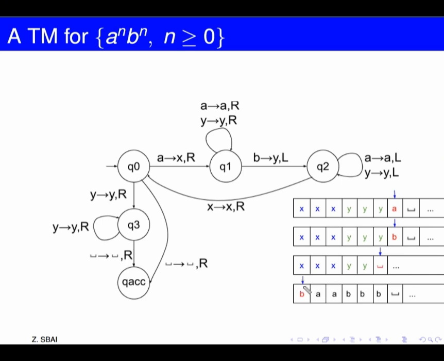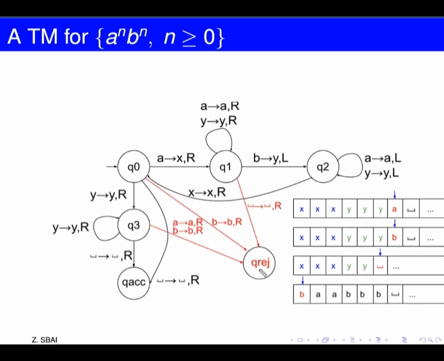Also at the beginning, for example, if we find a B here, there will be a reject for this input. So this is the Q reject. It shows that from Q0, if we are looking at the tape and we find a B here, we will halt and reject the input.